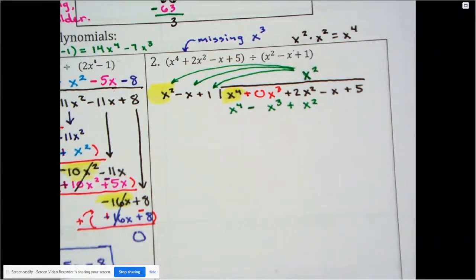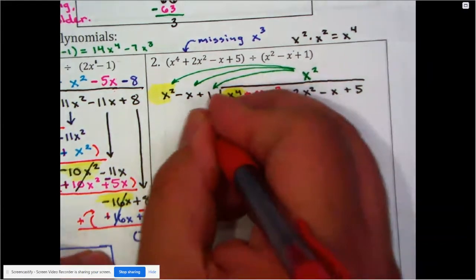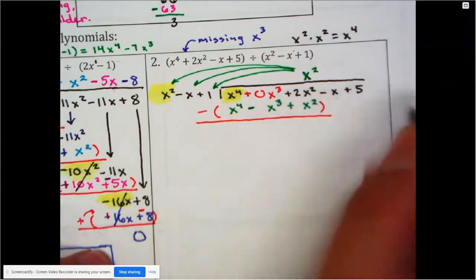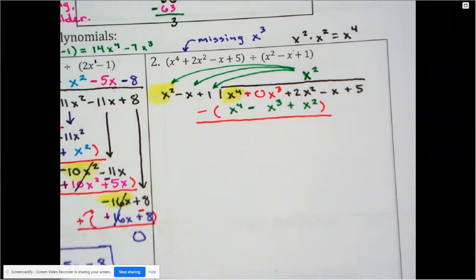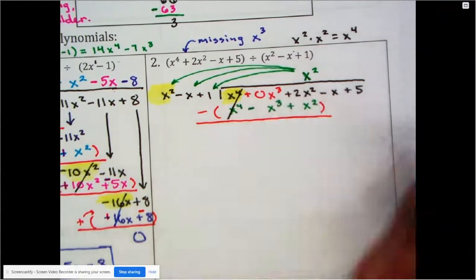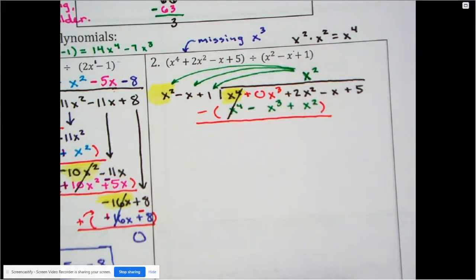Now, subtraction as always. Subtraction is next. Don't forget, some people like to leave it like this, and that's okay, but sometimes people make errors. Be careful. When it says x to the 4 minus x to the 4, gone. That was the whole point. This is why we like to distribute instead.